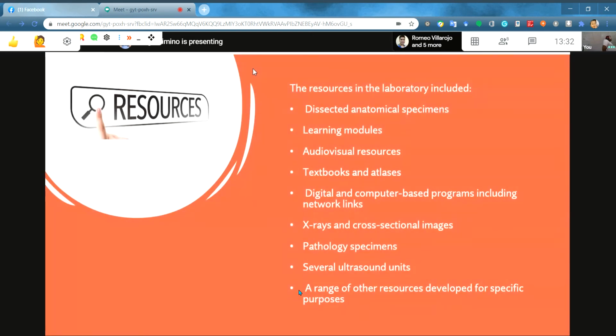With all these kinds of resources available in the laboratory, the different learning styles of students can be met. So it is important to consider the intelligence of students, because they do not all have the same learning style. We need to reach all of them as a whole.